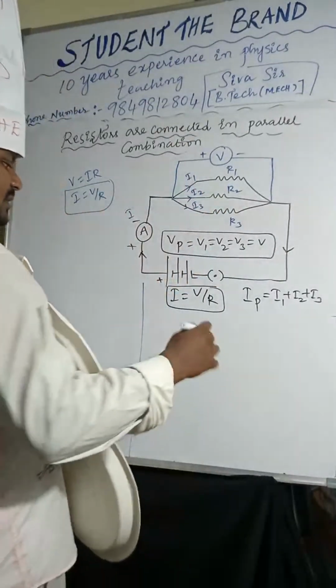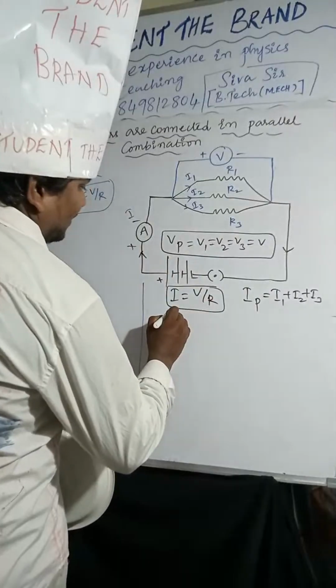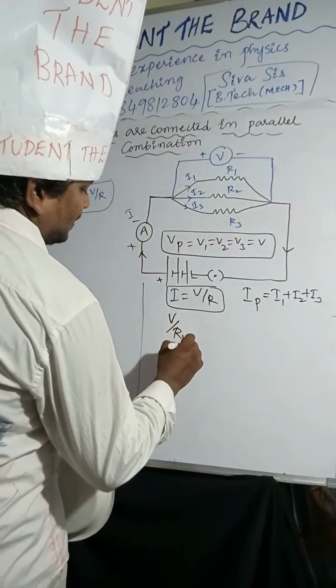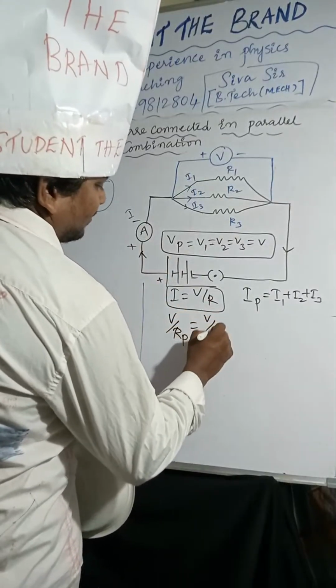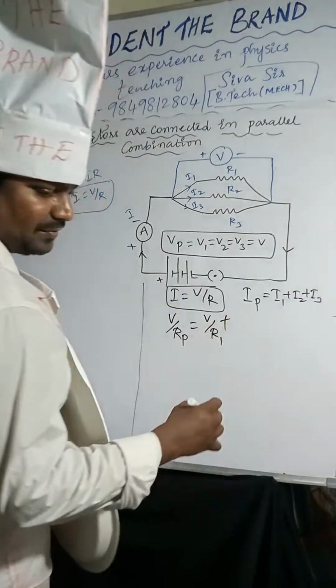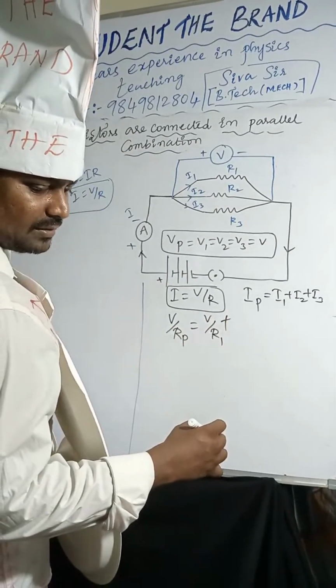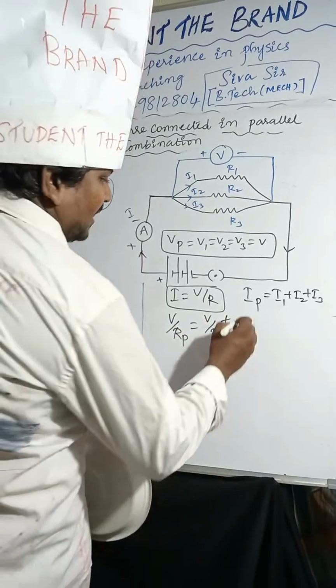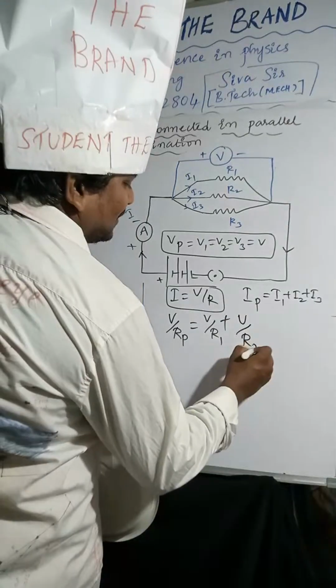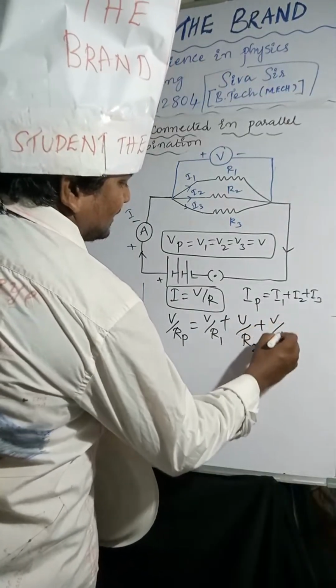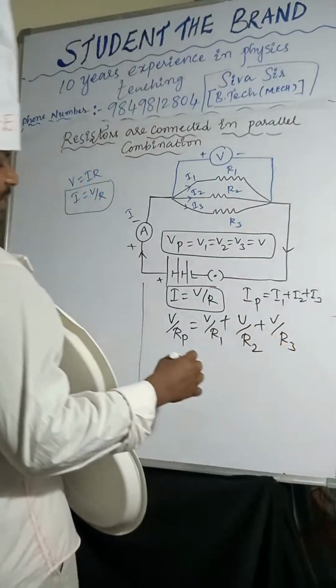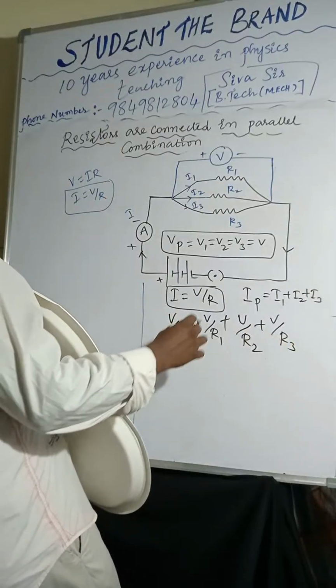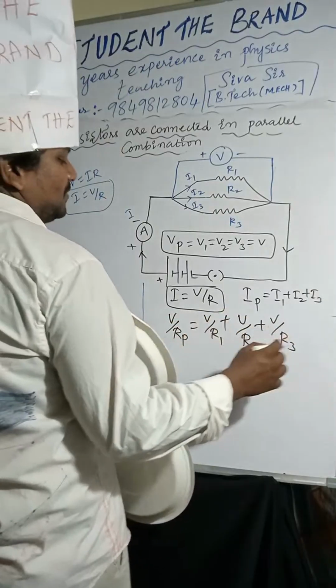Now you can consider IP equal to V by RP. So V by R1 plus V by R2 plus V by R3. Here V by RP equal to V by R1 plus V by R2 plus V by R3.